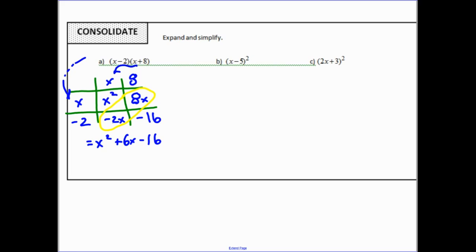Okay, now let's say we were to do FOIL. FOIL: first, outside, inside, last. Well, we said when we have a perfect square here, we're squaring the whole binomial, we do it twice. So first is the first times the first. Well, that would give us x squared.